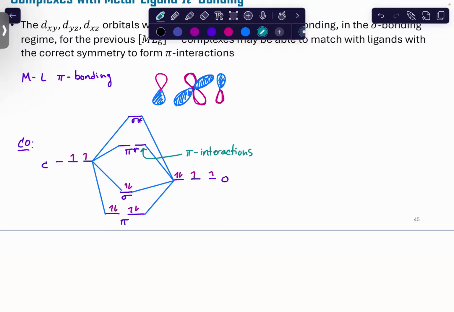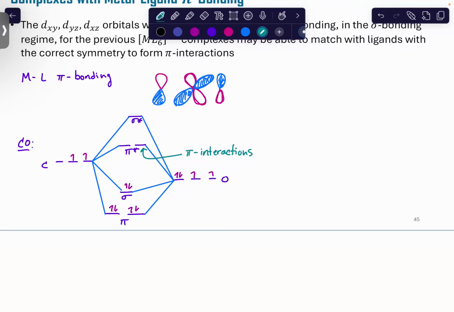For pi interactions, this is going to go from a pi star. So you're going to start putting electrons in there. It's going to be pi star for the ligand, but it will become a pi bond for the ligand to the metal. So you know how earlier the textbook was telling you that the ligands will lose one, like if it has a triple bond, it'll go to a single bond, and then you'll get a pi interaction with the metal.